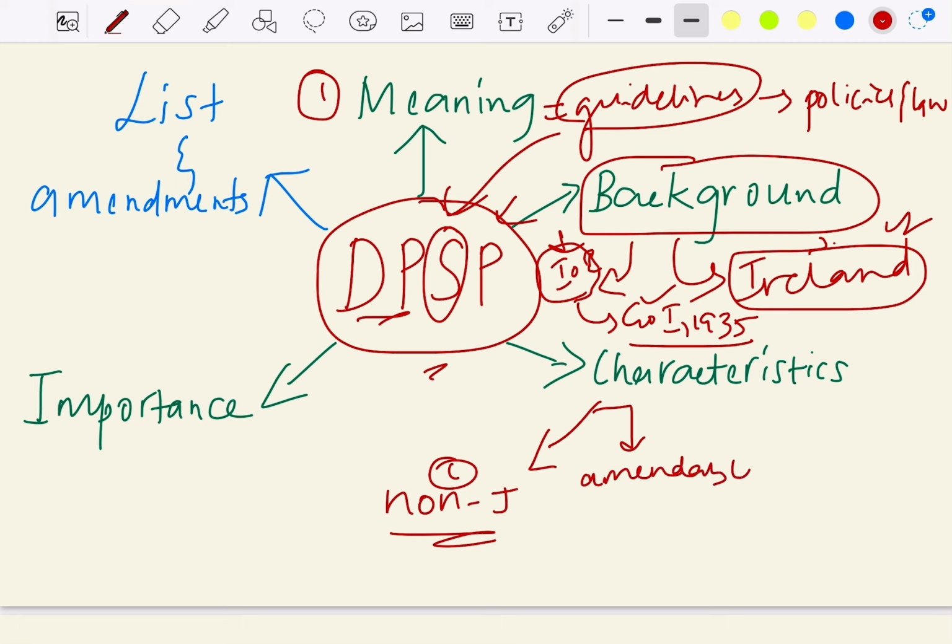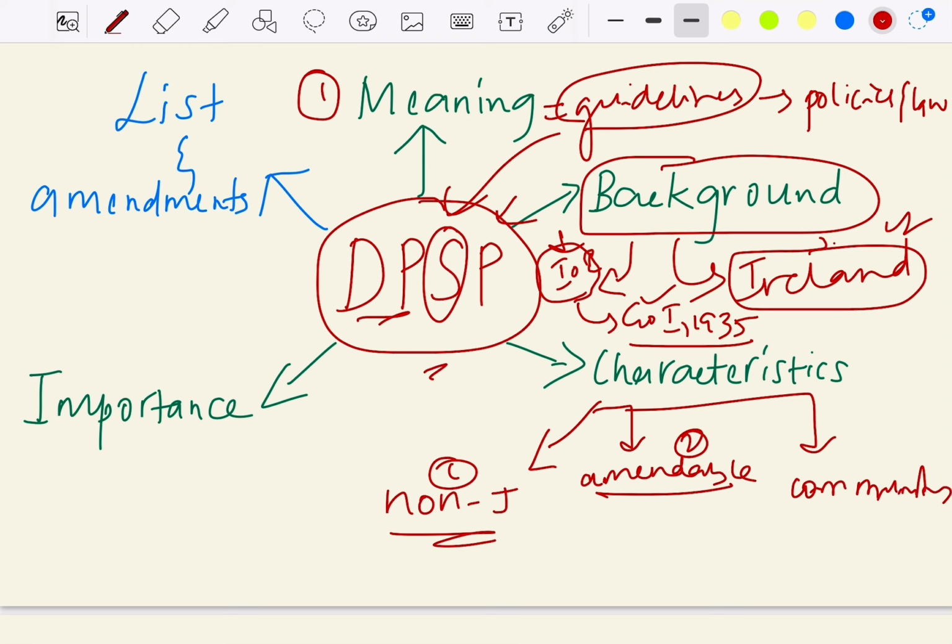With changing times, the needs of society also change, right? So the constitution must have the flexibility to accommodate the changing needs of society. DPSP also should have that flexibility, so DPSP is amendable in nature.